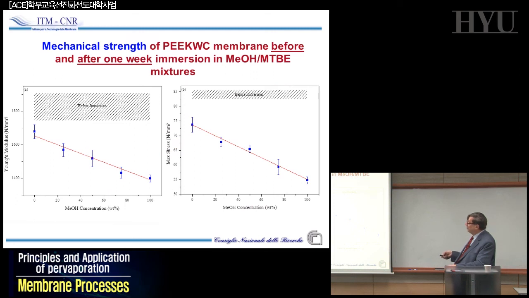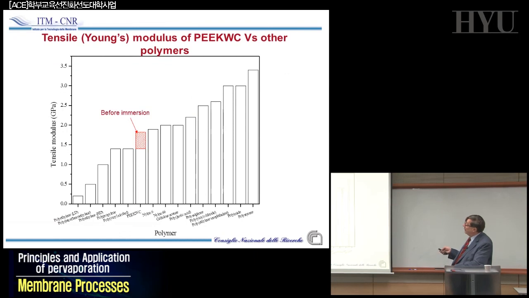Mechanical properties are the other testing that has to be done very quickly, because otherwise, if you have a membrane that is fragile, you can make a publication, but you don't make any solution to the problem. And that's why you have to do this. And at the end, this is the tensile Young's modulus. You have to identify which polymer is the most appropriate for your kind of separation.